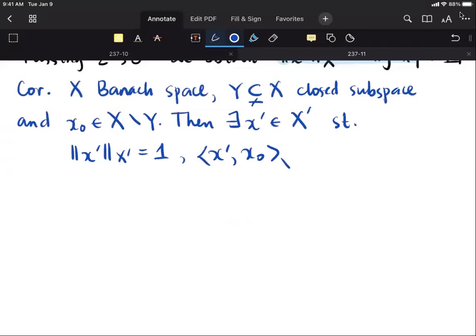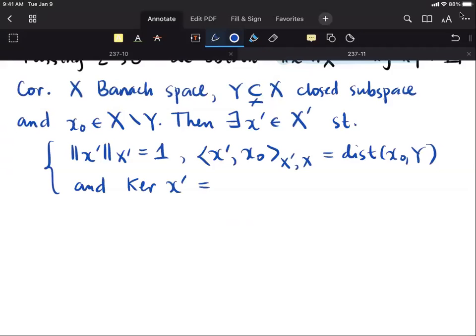And then this duality pairing is the same as the distance between the point X naught and Y, and the kernel of X prime is equal to Y. In other words, restricting X prime in Y gives you the 0 functional.